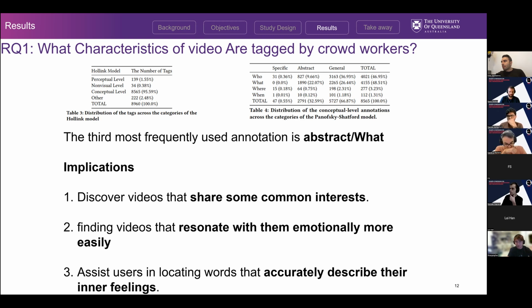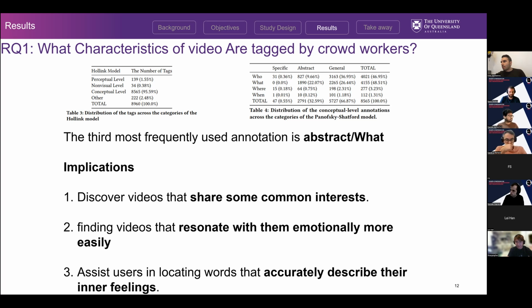And the third most common type of annotation is the abstract word, because people use abstract words to describe the things that happen in the video, like emotions and judgment. The abstract annotations are subjective and are about what people think. Those will help people to find a video that has something in common.